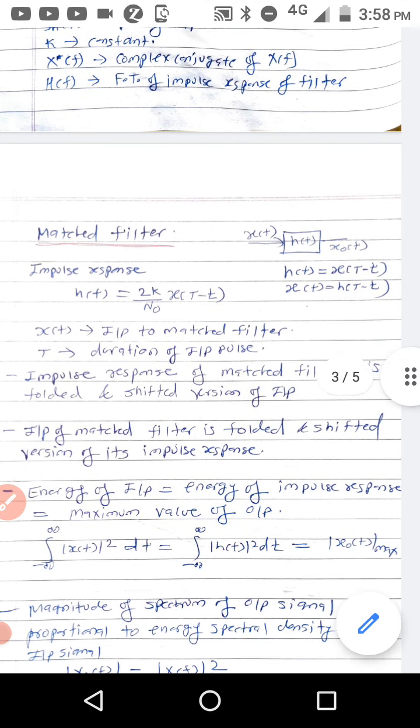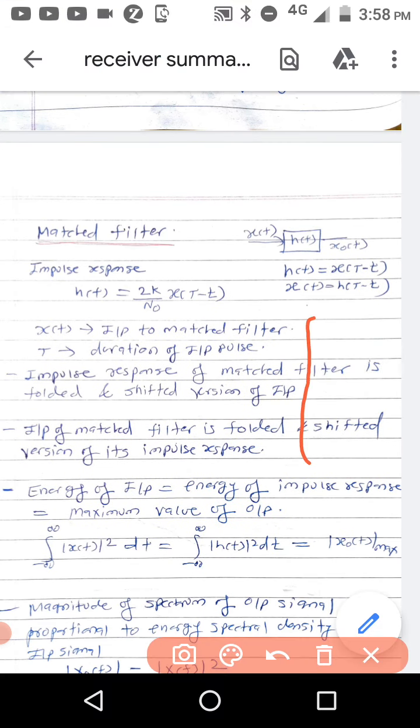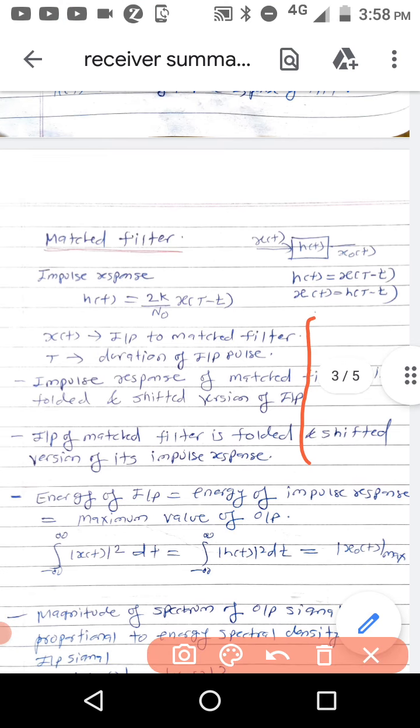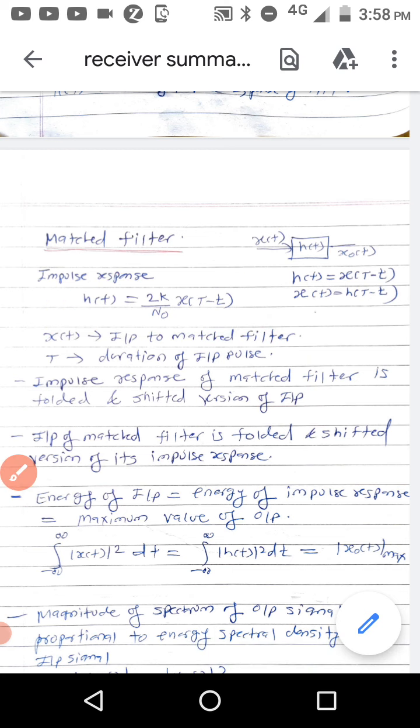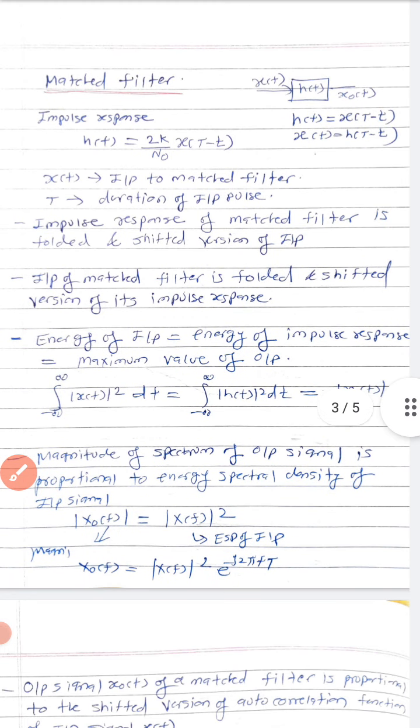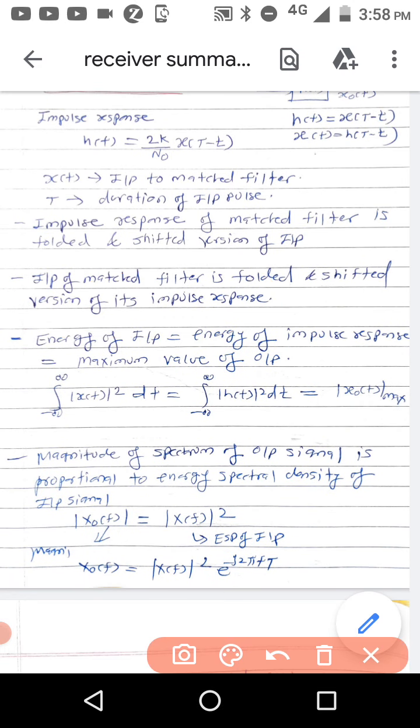Now let us move to the match filter. So match filter, important point is that its impulse response is shifted and folded version of the input. T is time duration of the pulse. Then also input is shifted and folded version of the impulse response, and impulse response is shifted and folded version of the input.